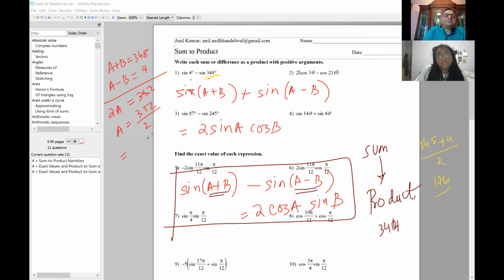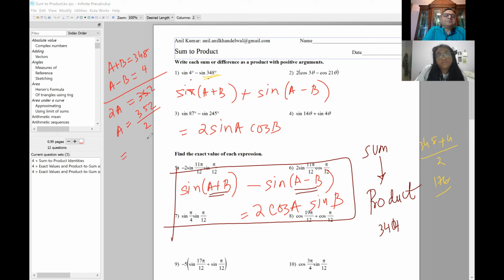Clearly I have those two numbers: x plus y divided by 2 gives me one number, and x minus y divided by 2 gives the other. That is your a value, and this is your b value. And then it's easy to do. This is called converting from the sum or difference to product form. Is that clear to you?